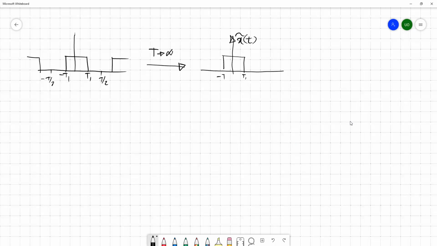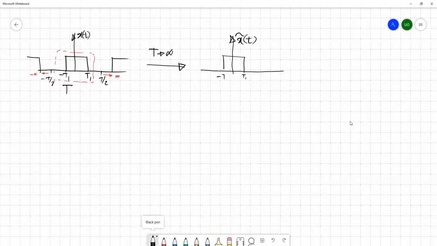So initially we consider a periodic function x(t) having a period of T, and then we let the period be infinity. So then this block moves to infinity and this block moves to minus infinity. Then you can extract the one pulse of this periodic function. We extract this one by letting the period go to infinity. So this is the block.